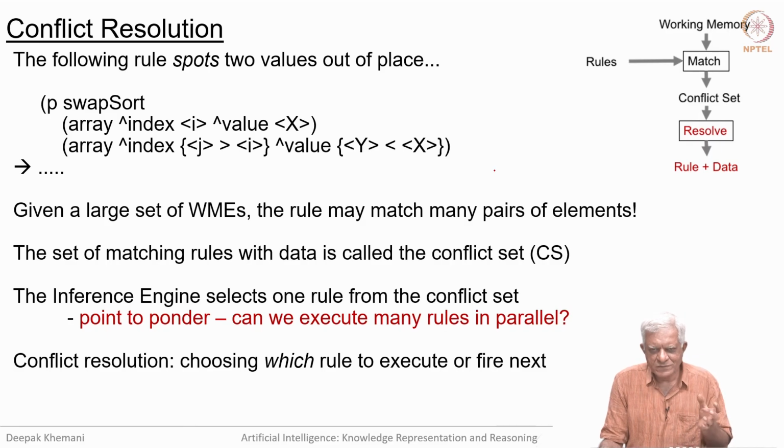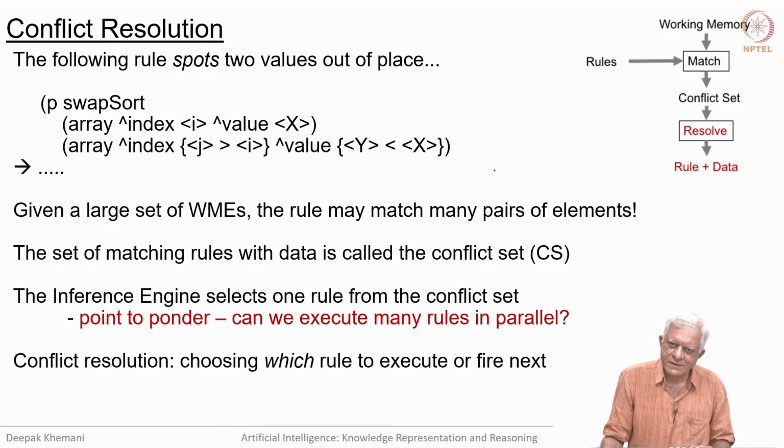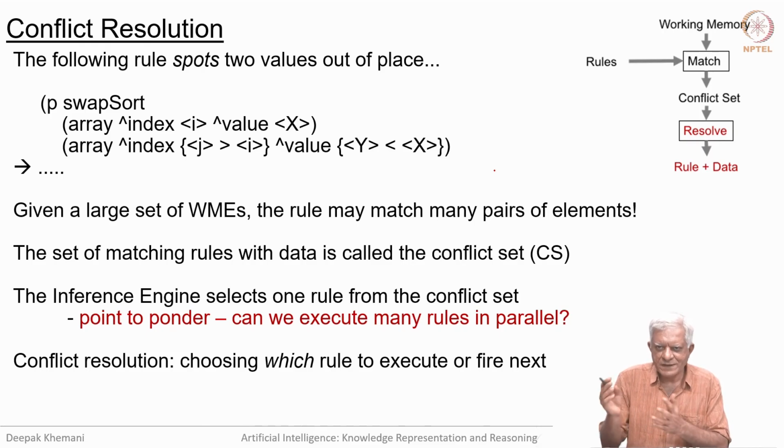So, you can try to imagine the conditions under which all matching rules can be fired at the same time. That does not happen in OPS 5, but in certain domains it should work, whereas in certain domains it would create chaos, especially if you are updating elements and, let us say, sorting a list.